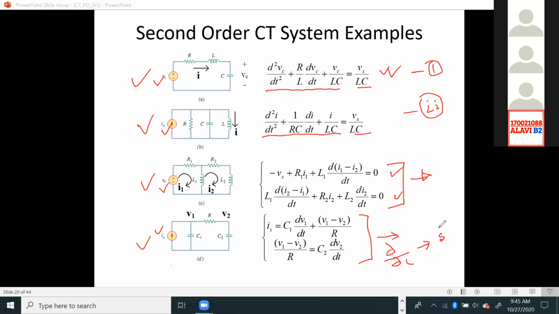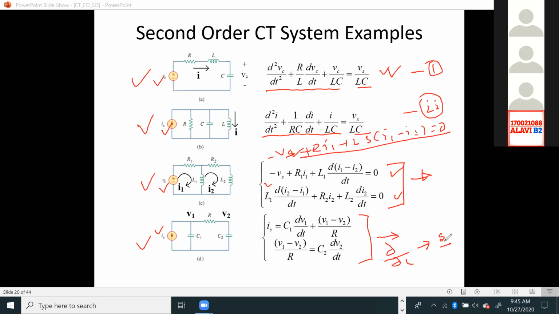Yes, sir. That means if this is an operator, then these two equations can be written in operator form. The upper equation will be minus Vs plus R into I1 plus Ls into I1 minus I2 is equal to 0. Can you write this in this way? Yes, sir. But do not confuse it with your Laplace variable. This is an operator.